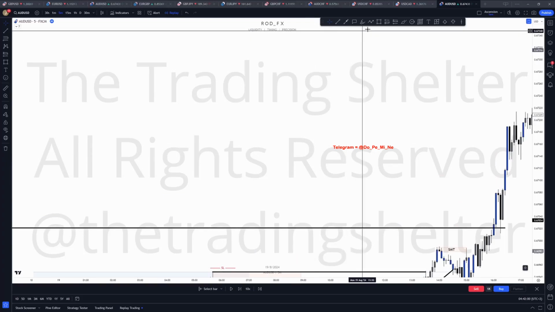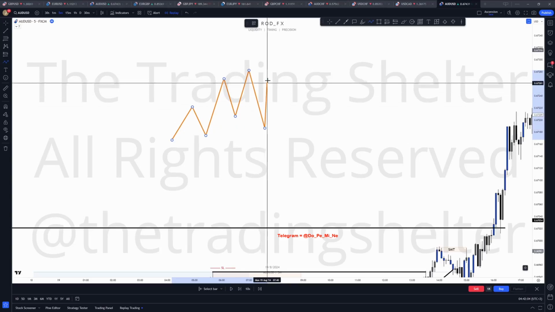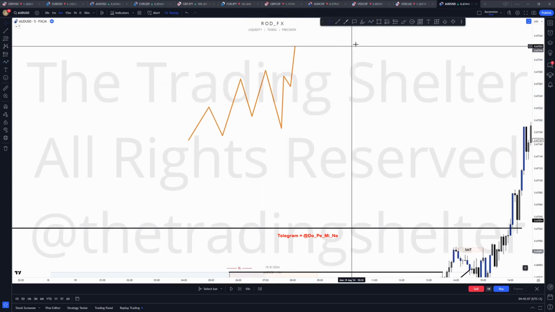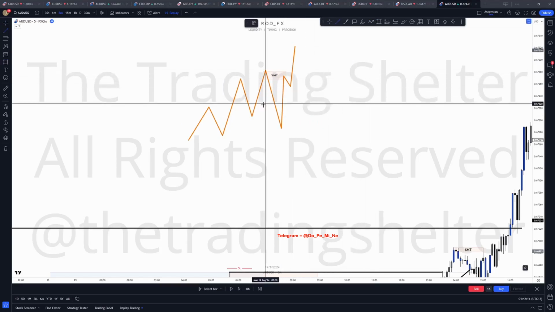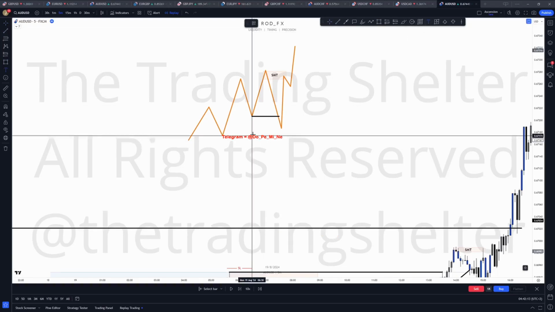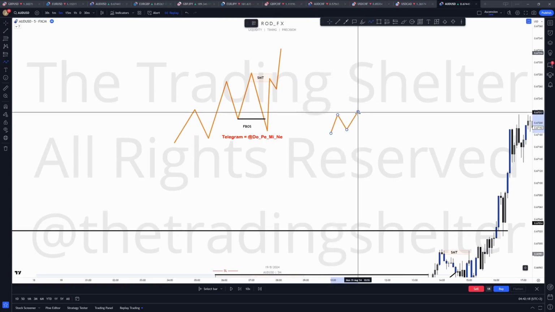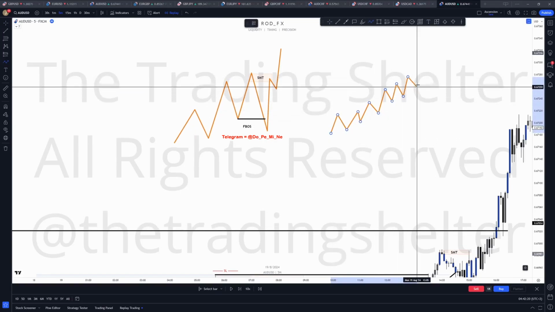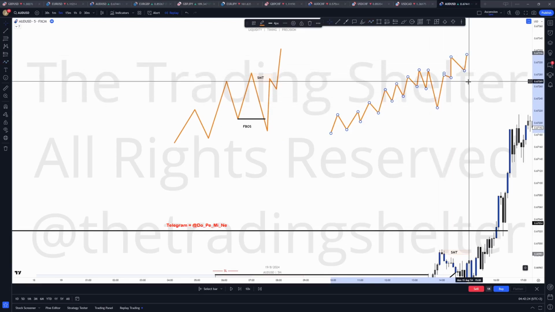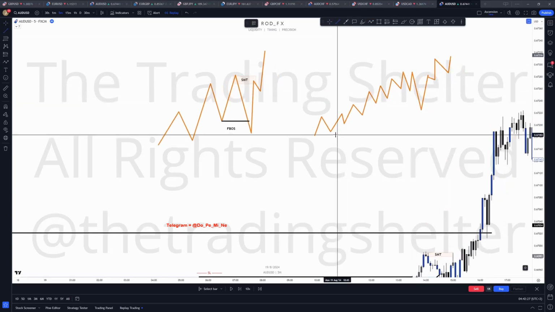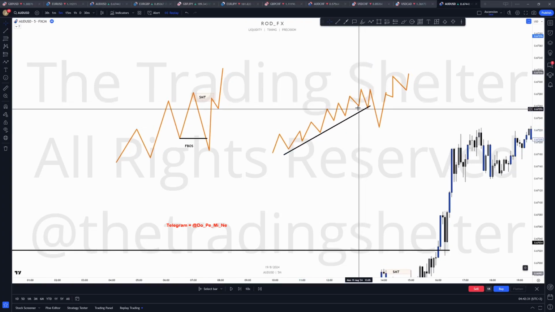So to recap what I just said, there are two ways of finding false breakout structure. Either we have a structural break to confirm that SMT, so structural break here, FBOS here. And when the price is a little bit more noisy and harder to see the trap, we can see it with a trend line.